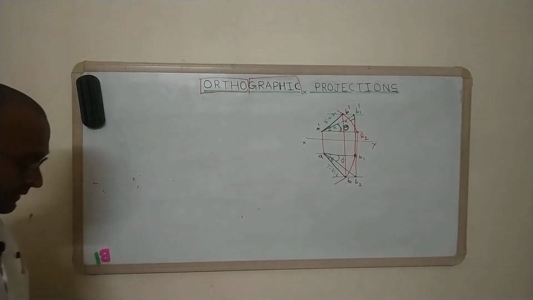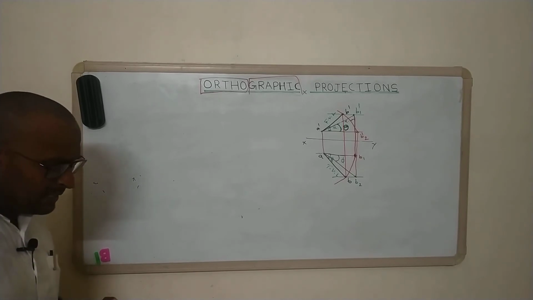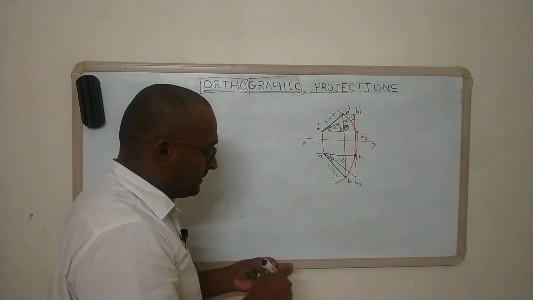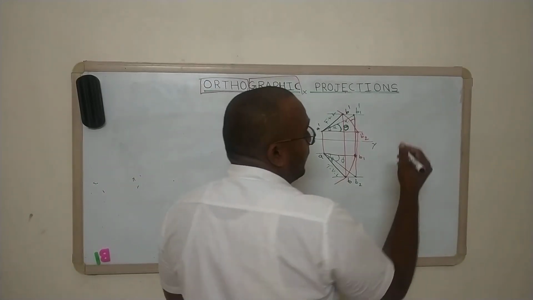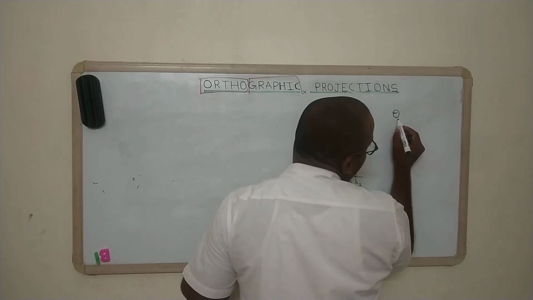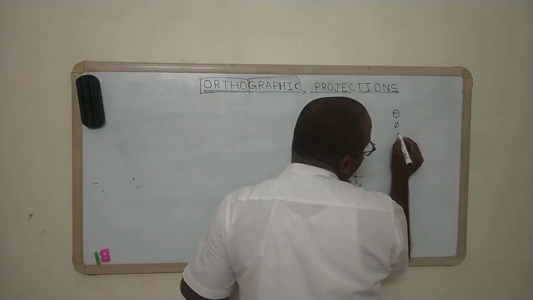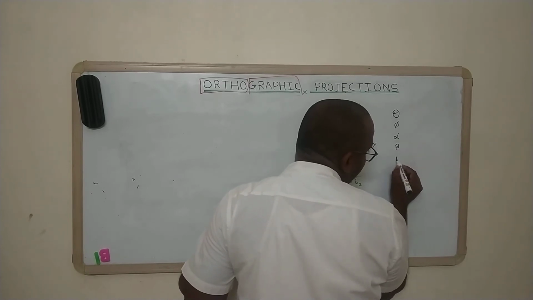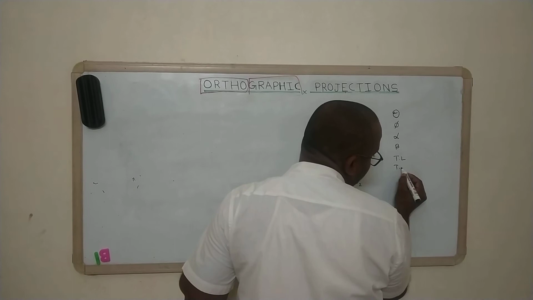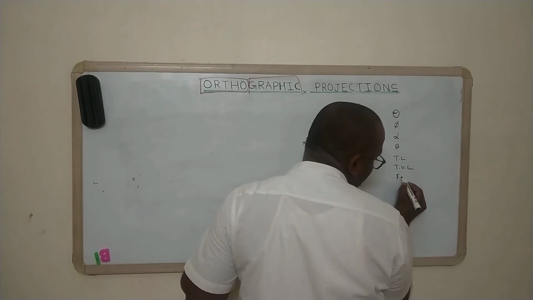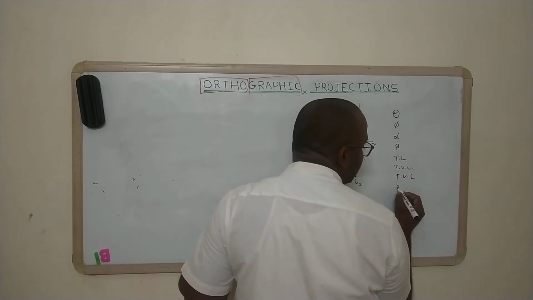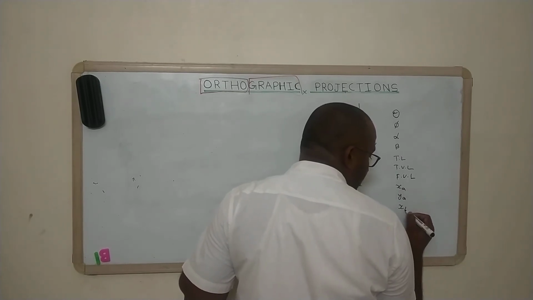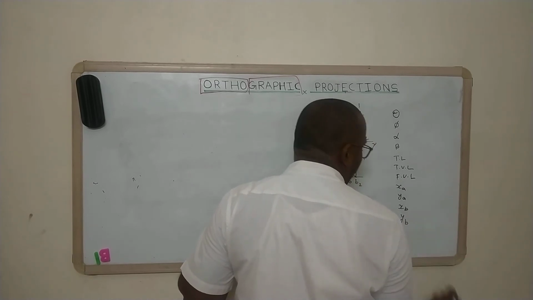So here there are a total of 7 parameters available, such as theta, phi, alpha, beta, true length, top view length, front view length, XA, YA, XB, YB.